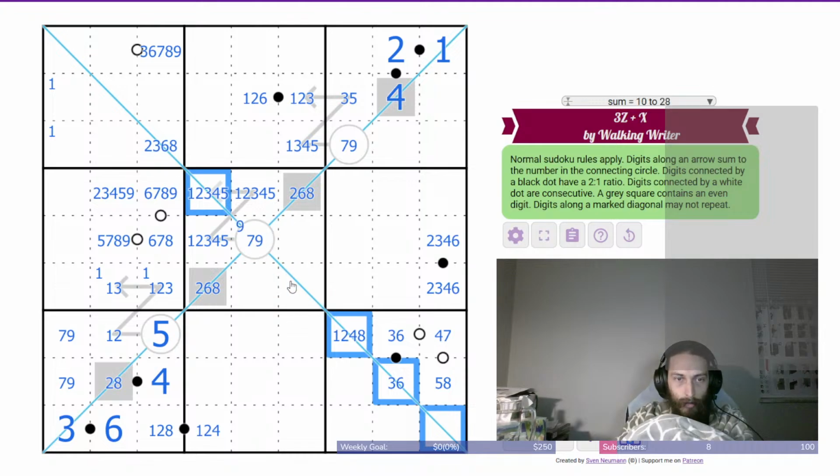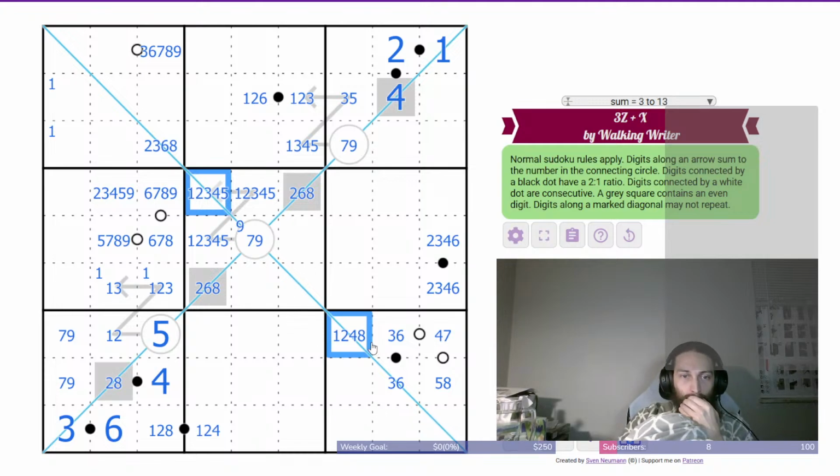It can't be here or there in box 5, or here or here in box 9. We have 1 in one of those 2 positions.